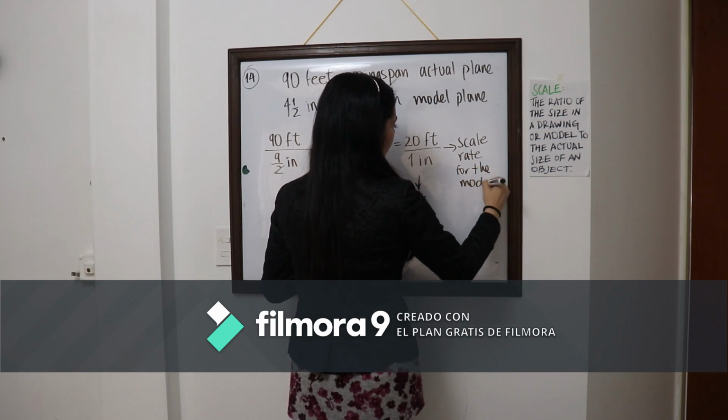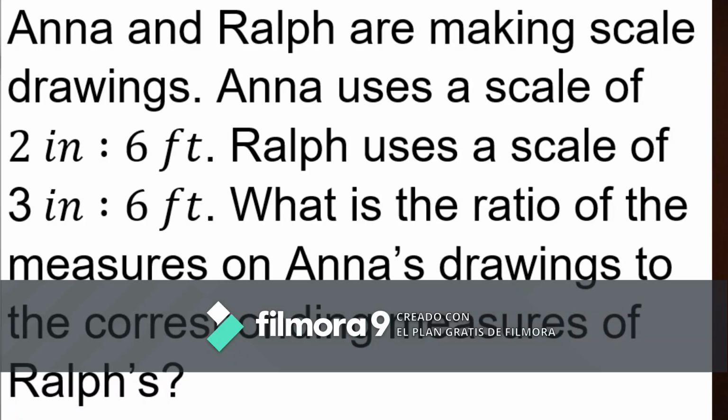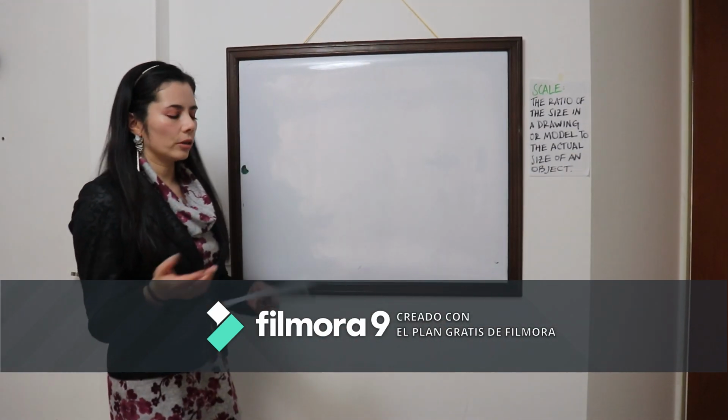All right? Okay. Now let's think about number 17. Anna and Ralph are making scale drawings. Anna uses a scale of 2 inches to 6 feet, and Ralph uses a scale of 3 inches to 6 feet. What is the ratio of the measures of Anna's drawings to the corresponding measures of Ralph's? So this problem is actually pretty simple, guys.